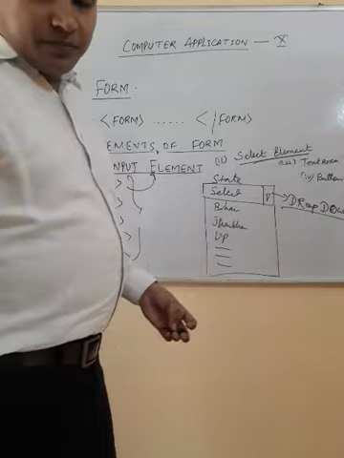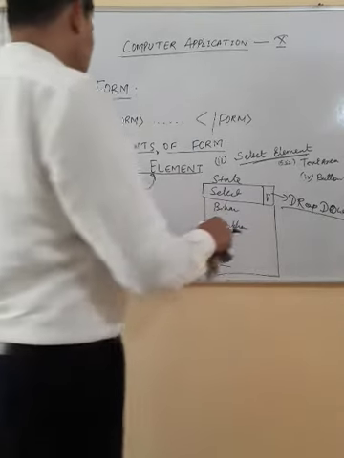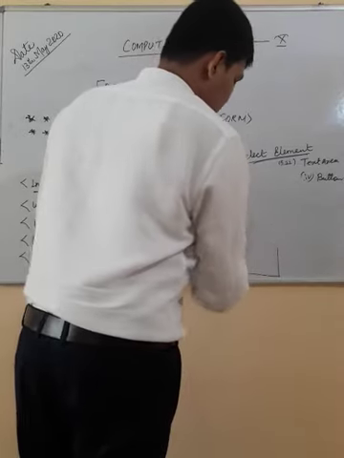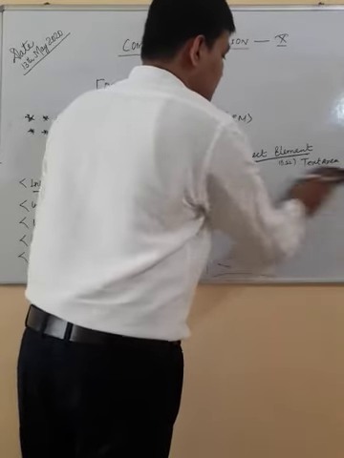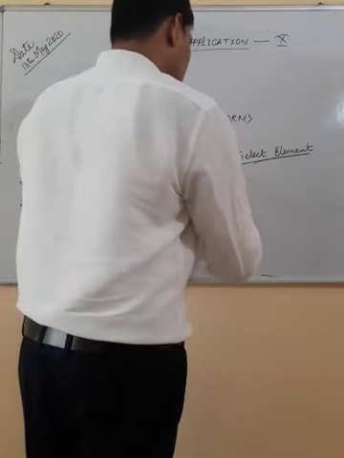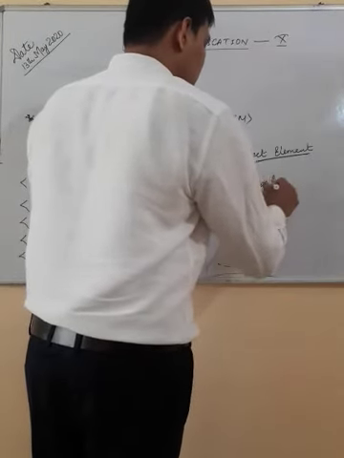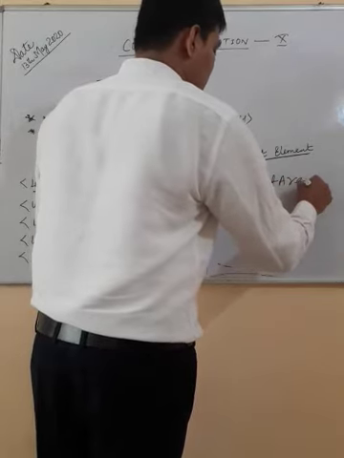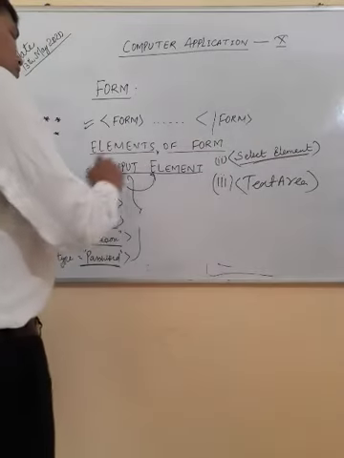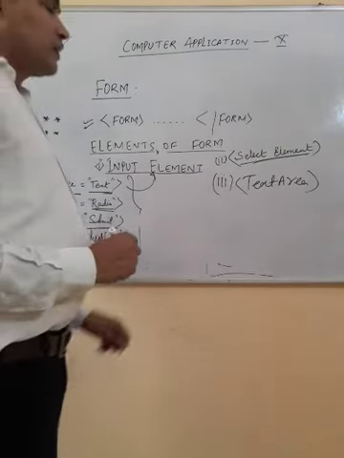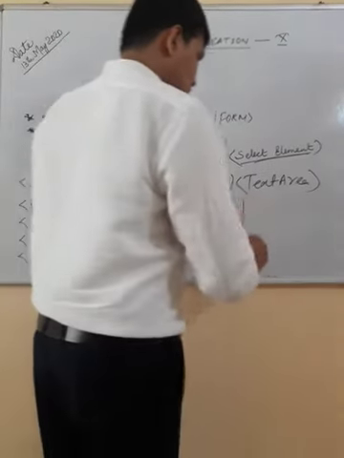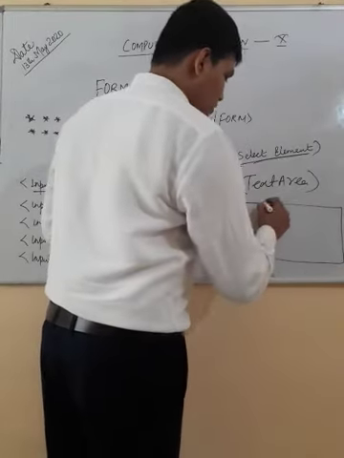Okay. The next element of the form is the text area, as I have written here. Actually, all are tags. A text area displays text in the form of rows and columns.